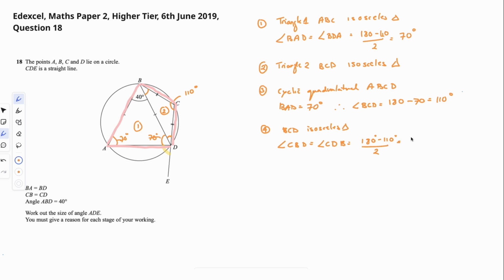That gives me 70 degrees divided by 2. That gives me 35 degrees. So our missing angle here is 35 degrees.